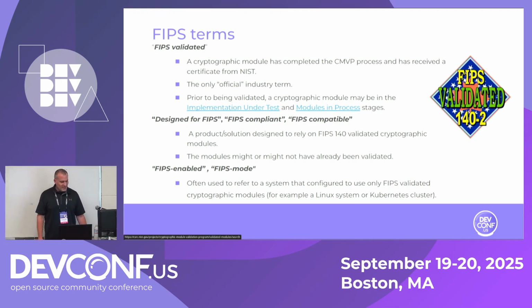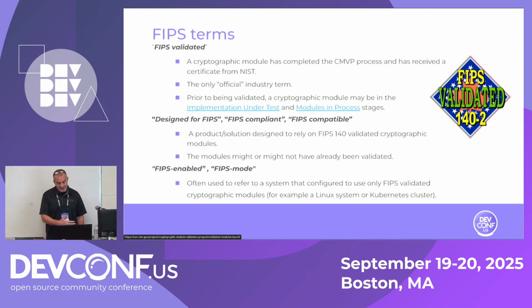FIPS validated. Okay, this means that your software module has gone through the testing program, through a testing lab, submitted, and CMVP has issued a certificate. It's the only official term. And then there's a couple phases that your module could be in before it's validated, and that could be implementation under test and modules in process.